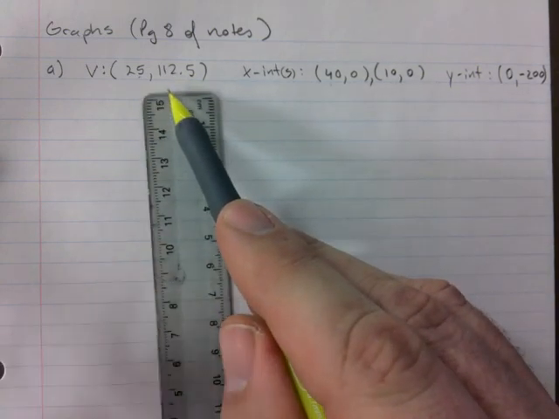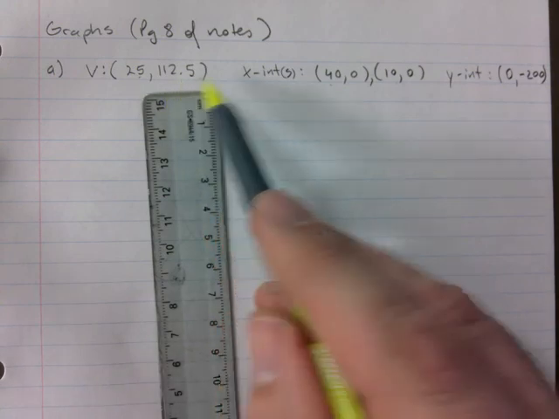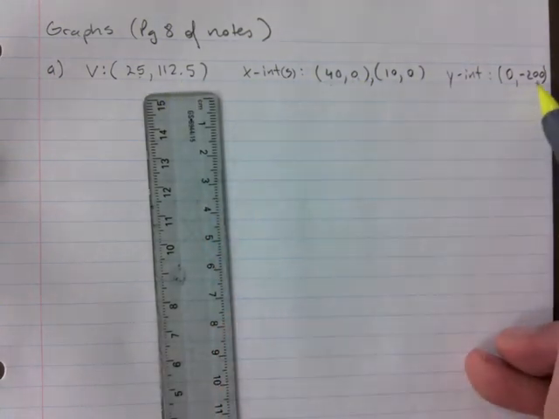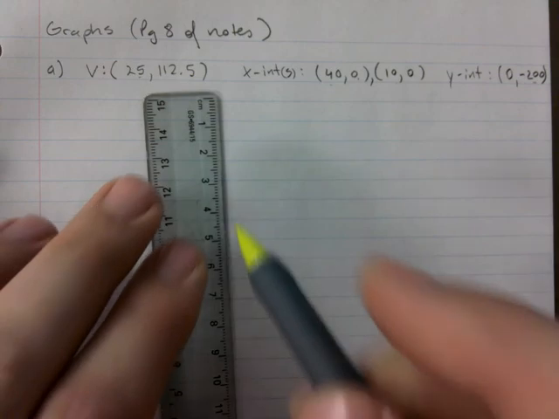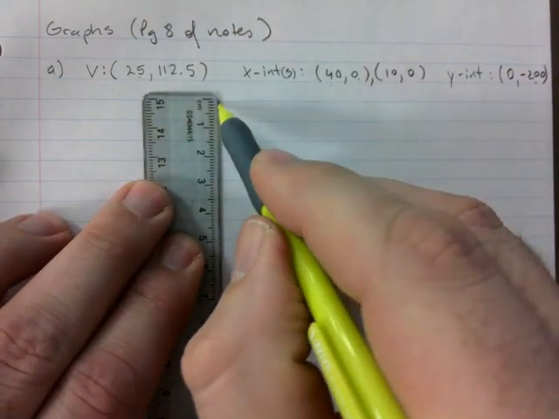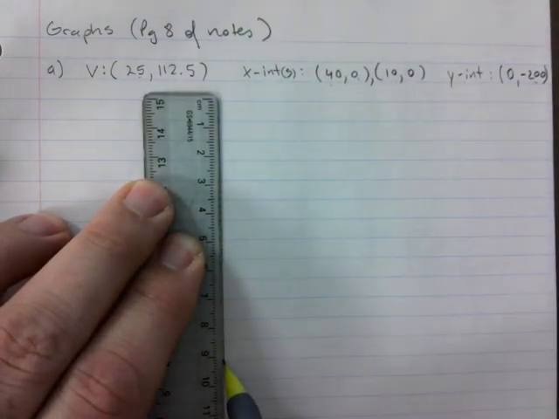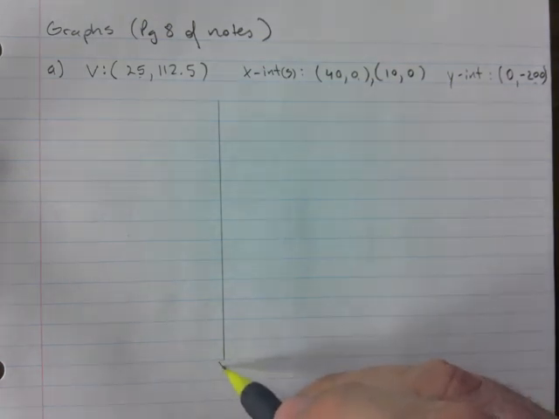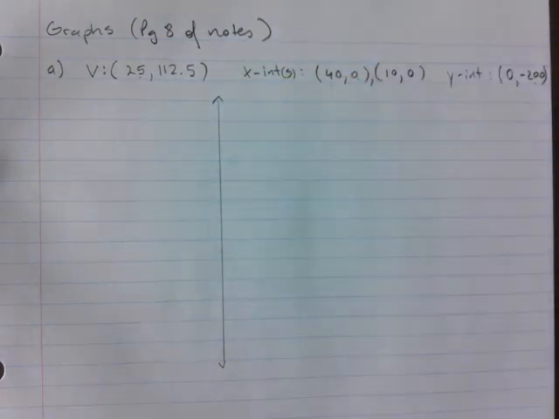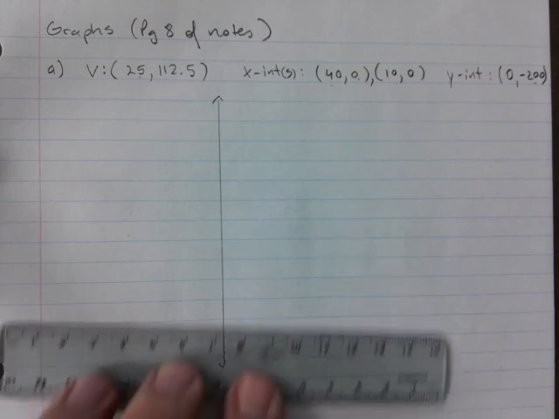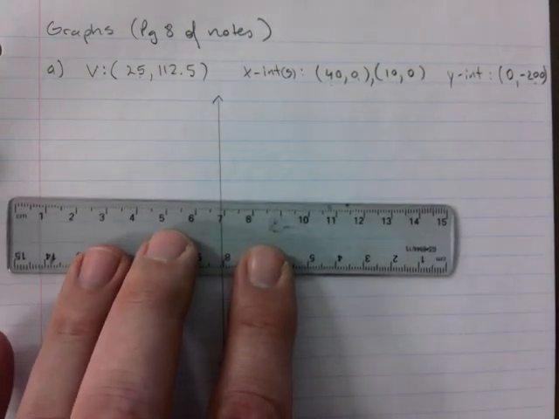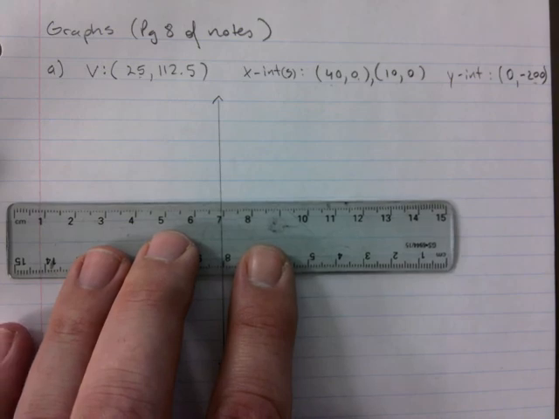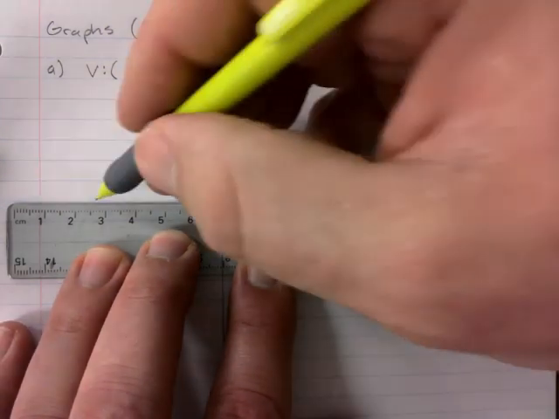You have positive 112, then you have 0, 0, don't need to worry about that, and you have negative 200. So your span on the Y is more than on your X, right? So you have to be aware of that. So I just start with a vertical like that. And I'm going to go a little bit higher, like not right in the middle. I'm going to go a little bit higher because I have more of a negative span than I have a positive.